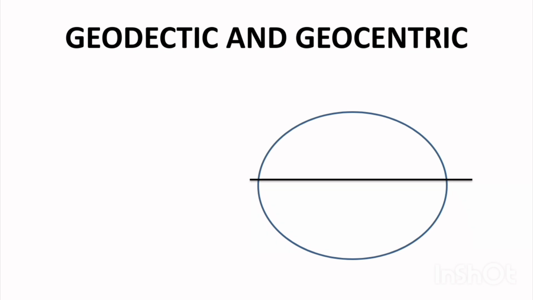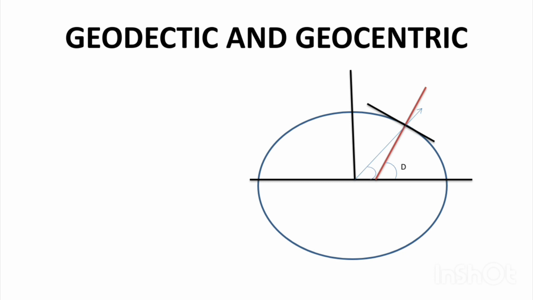Here I will mark the black solid line, which will be the equator, or you can say equatorial plane. Also, this red solid line, which is perpendicular to this equatorial plane, will be your geodetic latitude. I have denoted it by capital D. Similarly, opposite to this will be geocentric, meaning it will pass through the center of the equatorial plane instead of making a perpendicular angle.